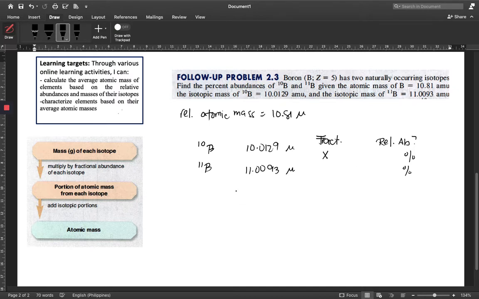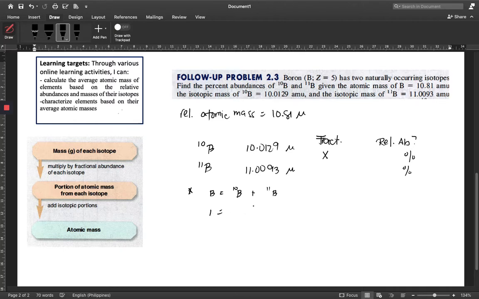So in terms of fractional abundance, we take into account the contribution of boron 10 and boron 11, and this gives us 1, or 100%.